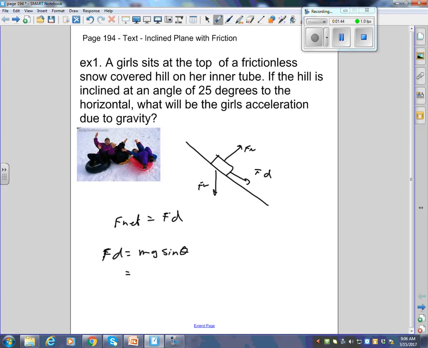But we don't have the mass. So sometimes, especially in grade 12 physics, we have to deal with things where there's an unknown like that. So we're just going to leave it as an m. I'm going to say FD is equal to m times 9.8 times the sine of 25.